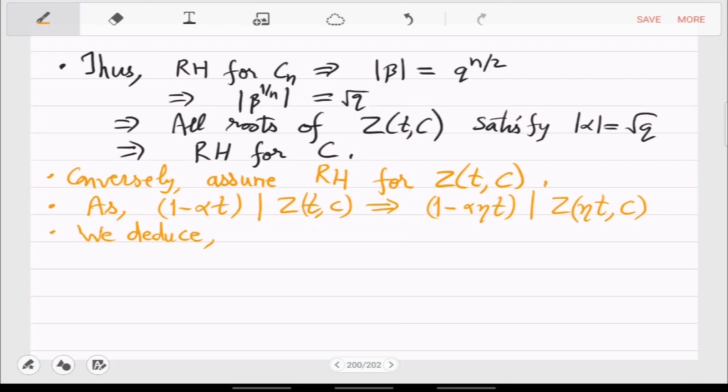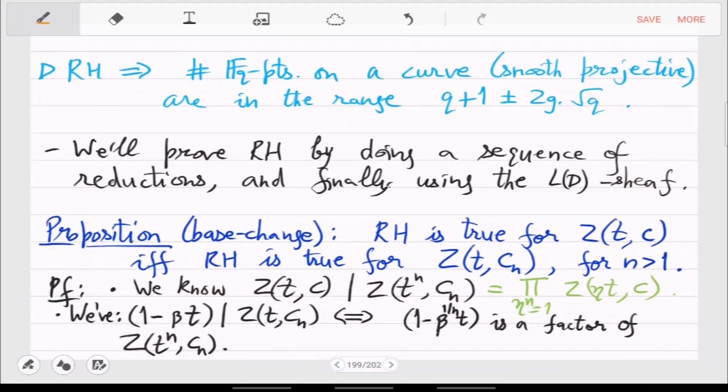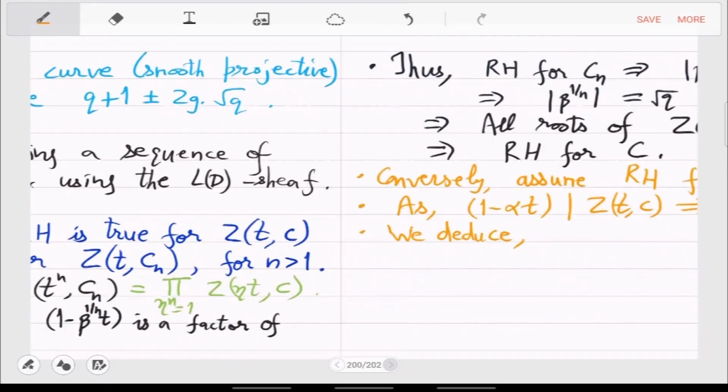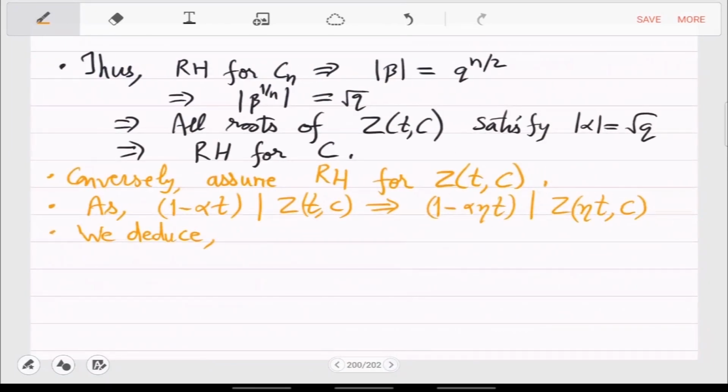We can deduce that Z(t, C_n), well, first of all, this will divide Z(t^n, C_n), and then what does it tell you about Z(t, C_n)?